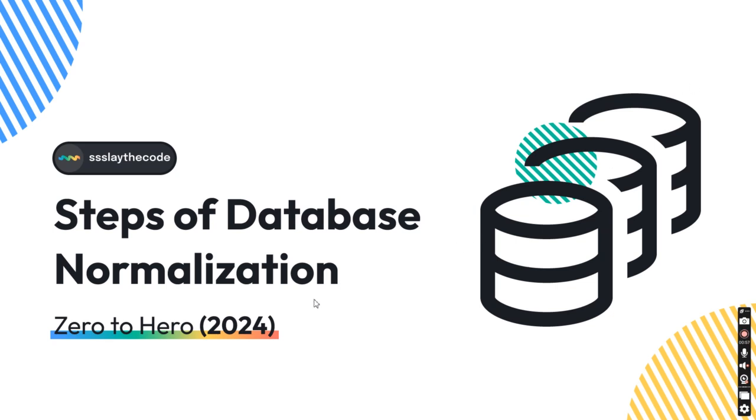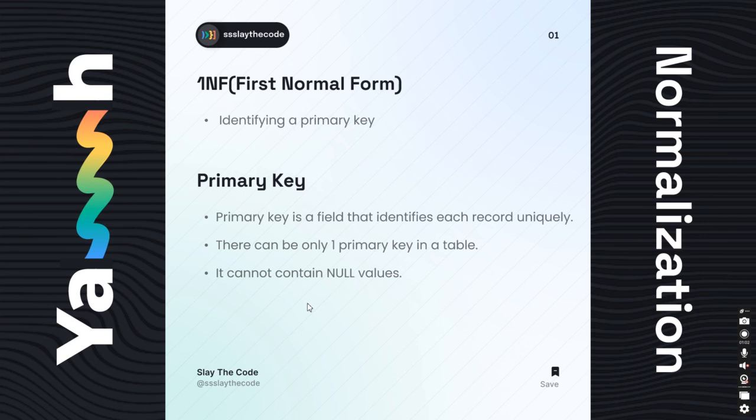So let's begin. The first stage, or first layer, of database normalization is 1NF, the first normal form. The first normal form is all about identifying a primary key for the record.